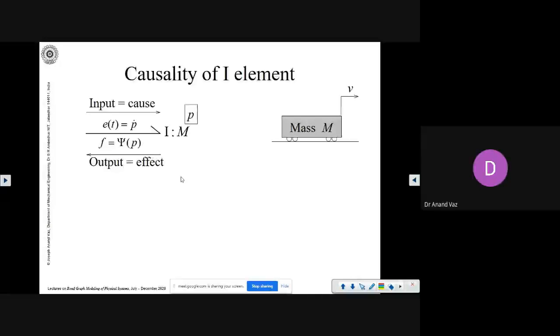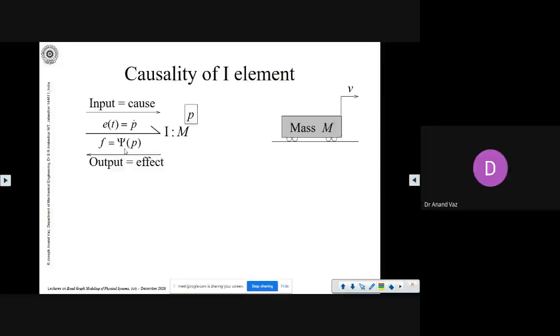If you apply the same 10 Newton force to a shot put, which is much heavier, the shot put is not going to move the same distance as moved by the tennis ball. And that is because the mass is much larger. And so although the shot put receives the force applied by you, it's the shot put which decides the output, that is the motion which it should have.